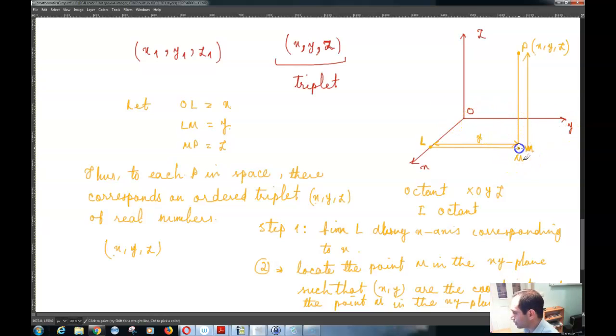Now that you have reached point M, we draw a perpendicular MP to the xy plane.